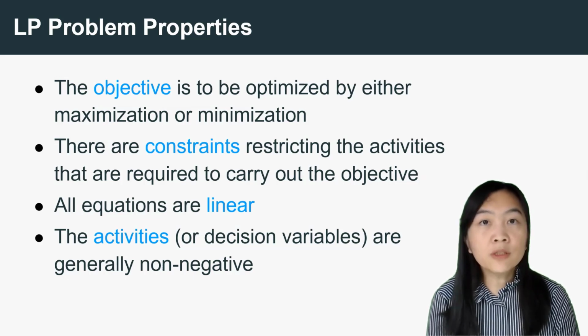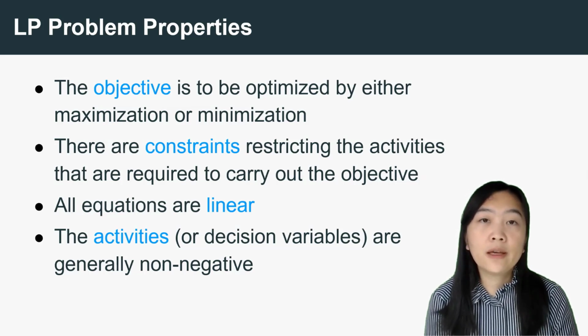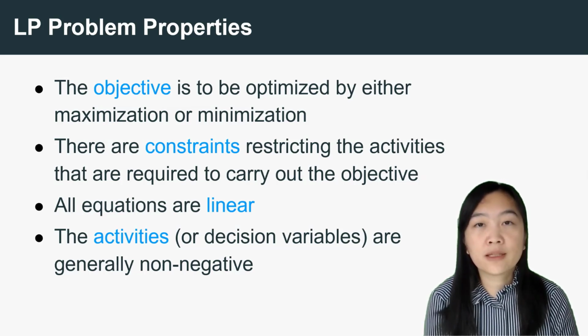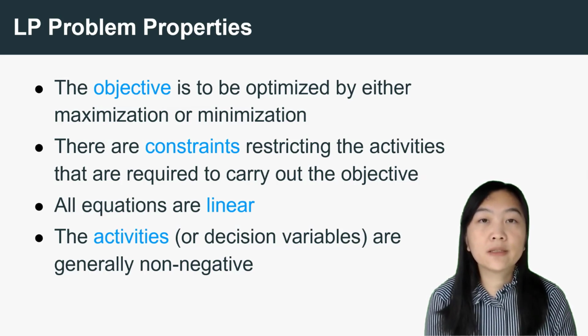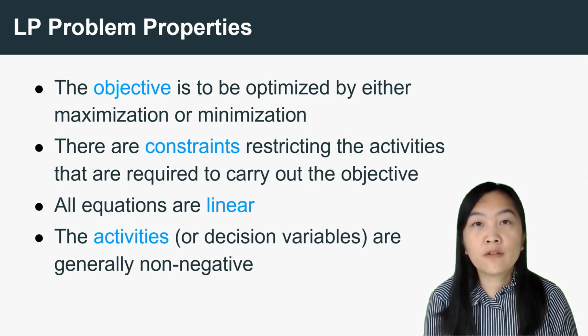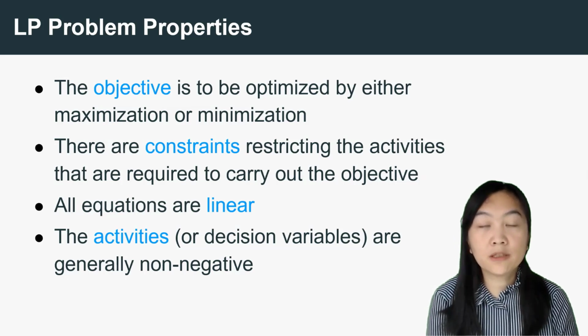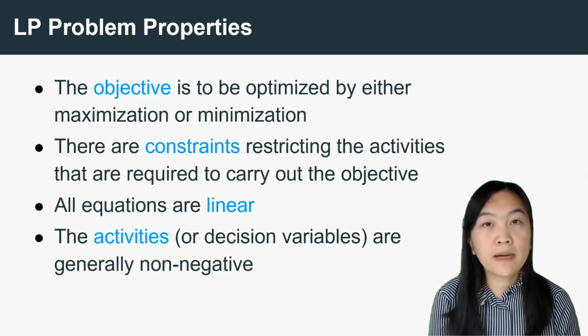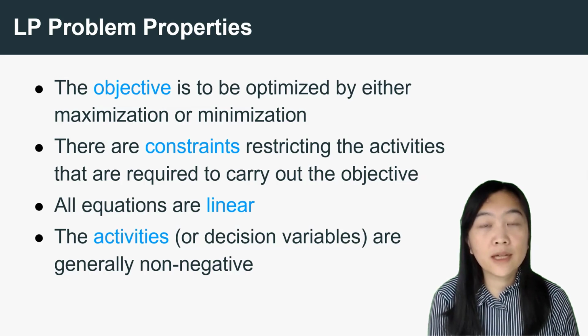But there could also be constraints about the outputs. For example, if a farmer signed a contract with a buyer, then maybe the farmer will have a constraint of providing a certain amount of output to that buyer if that's what's written in the contract. So in that case, the constraint will be on the output.